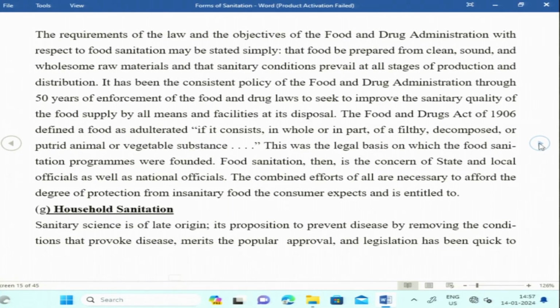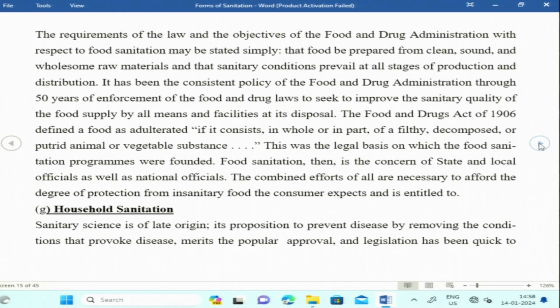And the Food and Drug Act of 1906 defined food as adulterated if it is whole or in part filthy, decomposed, or otherwise unfit, which may lead to a change in the condition of food.